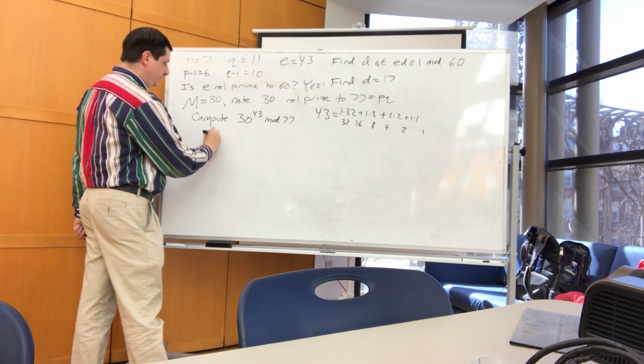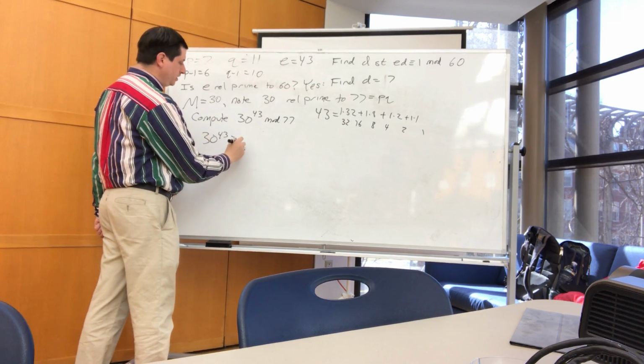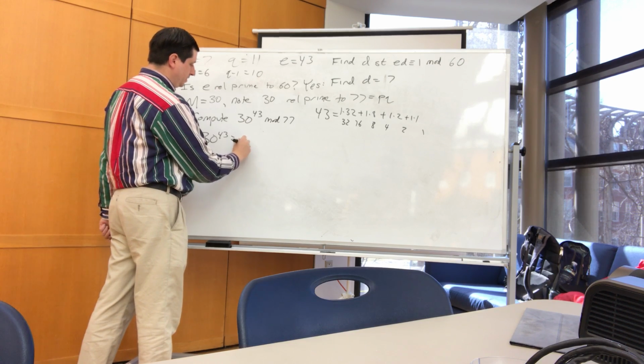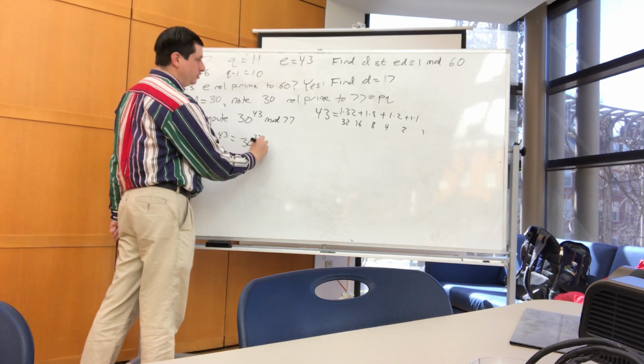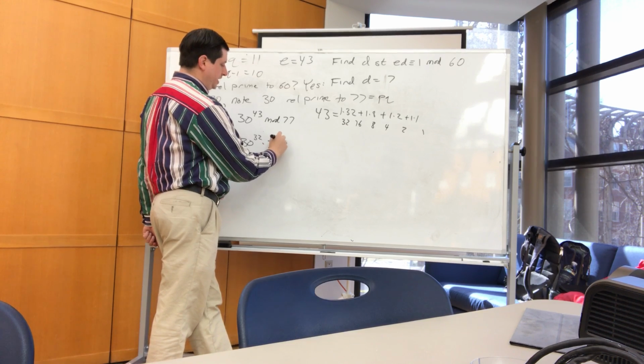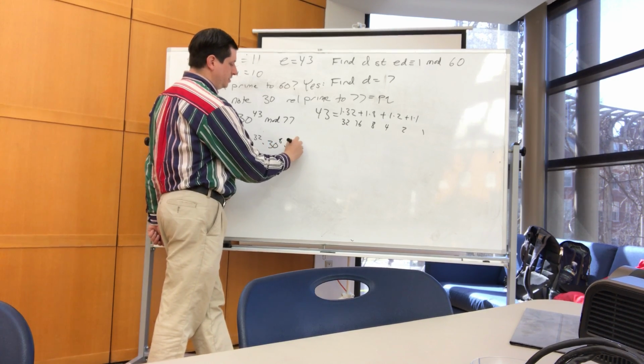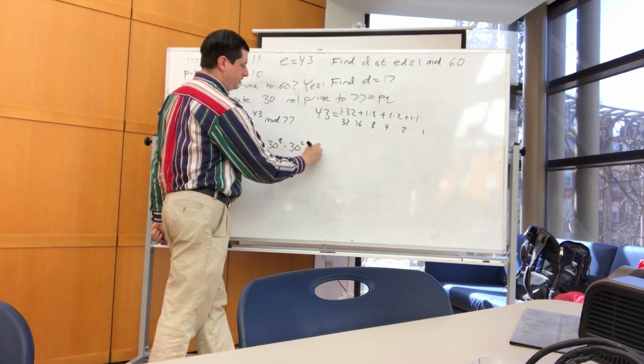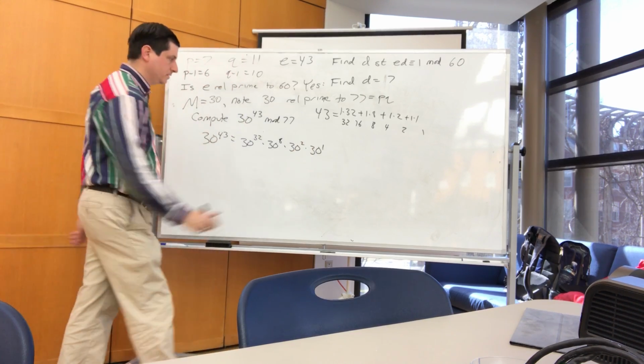So 30 to the 43 is really 30 to the 32 times 30 to the 8 times 30 squared times 30 to the first, mod 77.